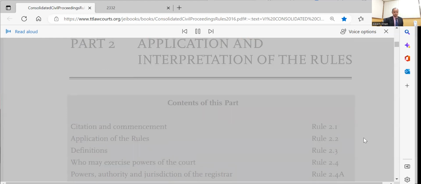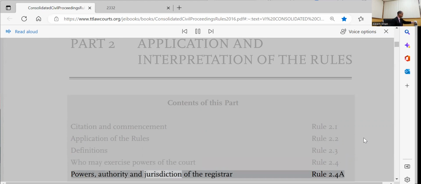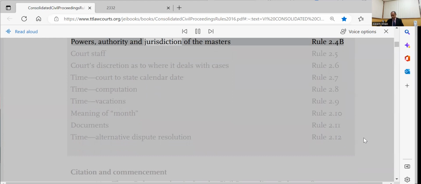Part 2 Application and Interpretation of the Rules. Contents of this part. Citation and Commencement. Rule 2.1 Application of the Rules. Rule 2.2 Definitions. Rule 2.3 Who may exercise powers of the court. Rule 2.4 Powers, authority, and jurisdiction of the registrar. Rule 2.4a Powers, authority and jurisdiction of the masters.